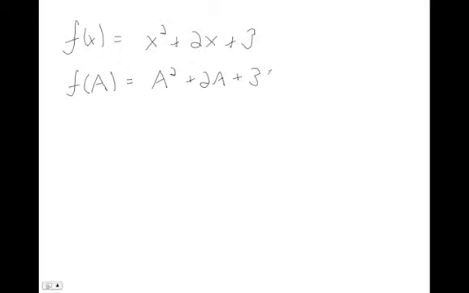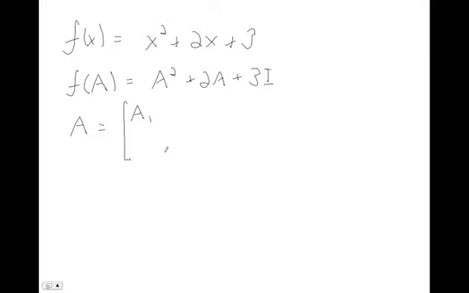Now, of course, I have to stick an identity matrix here because I can't add the number 3 in general to a matrix. So this is the way that this translates. But because we know how to take A to any power, it's pretty obvious that a polynomial function of x is sort of well defined in this way. And then the same thing goes for block diagonal matrices. So let's say I again have A as a block diagonal matrix.